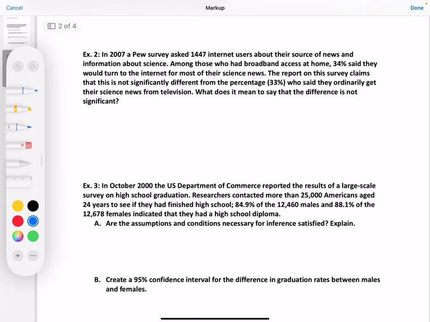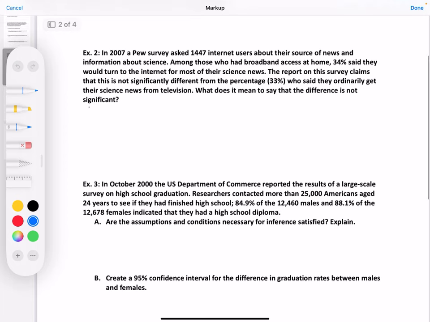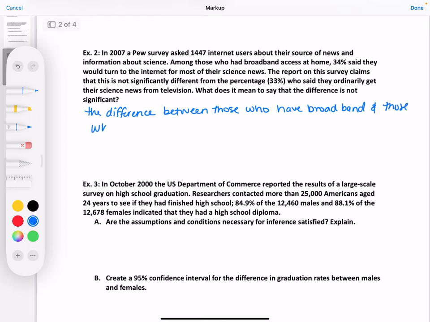So this would say that the difference between those who have broadband and those who do not is not large enough.